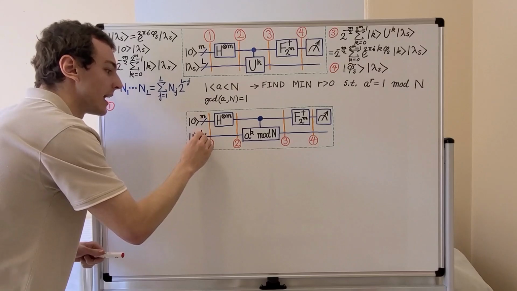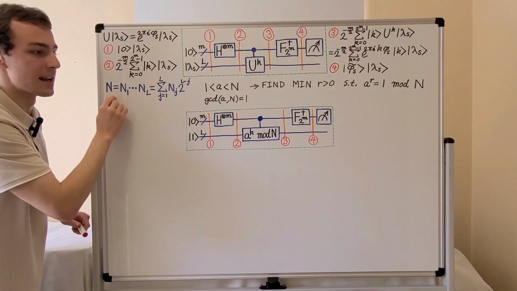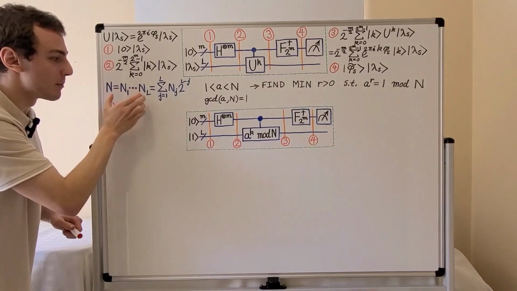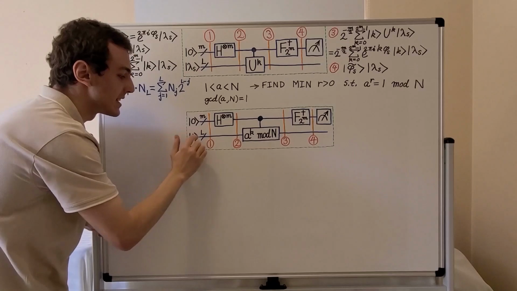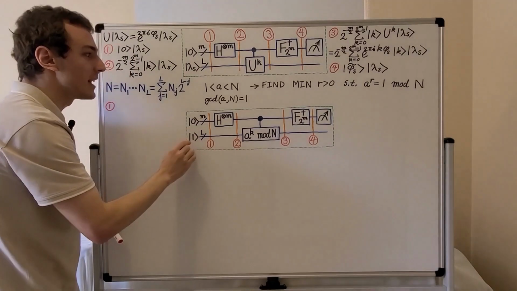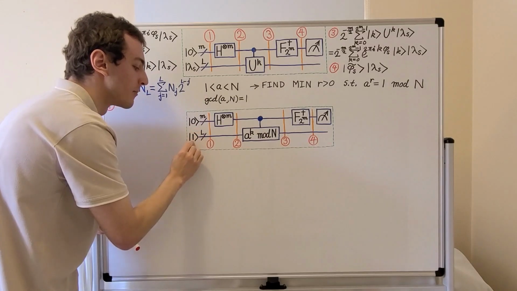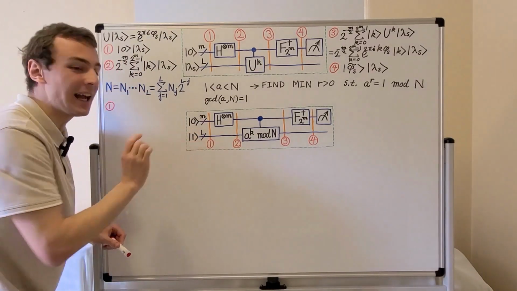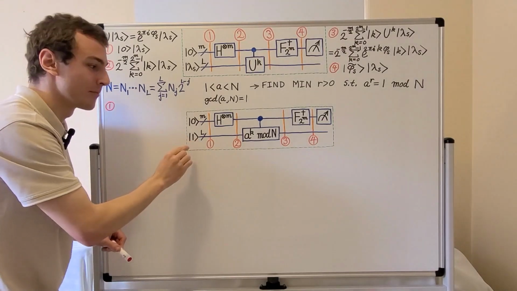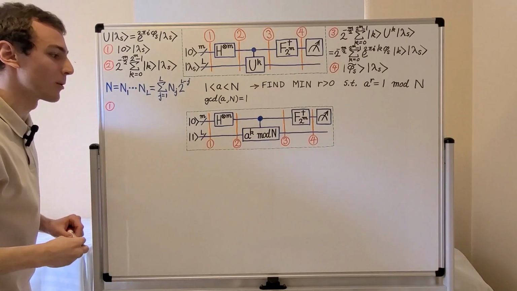So this L is the number of bits that we need to express n in binary. So this is the binary representation. And have a look at what we're initializing this bottom register in. We're not initializing it in a single eigenstate, we're initializing it in the state 1. And later we will see that this is actually a superposition of eigenstates in disguise. We'll see that later as we progress through this quantum circuit diagram.